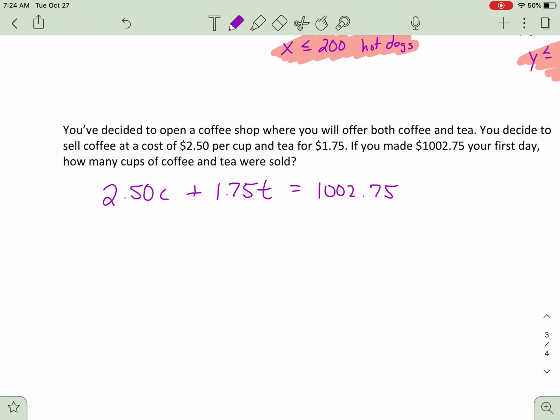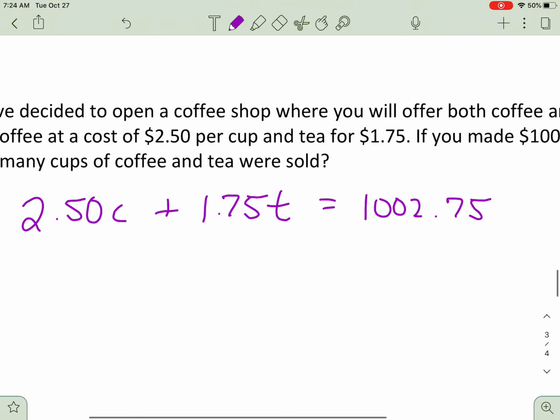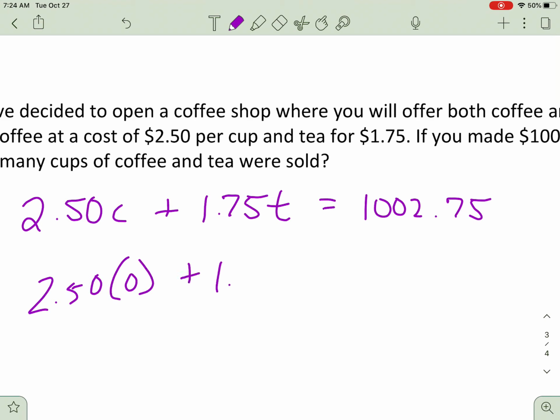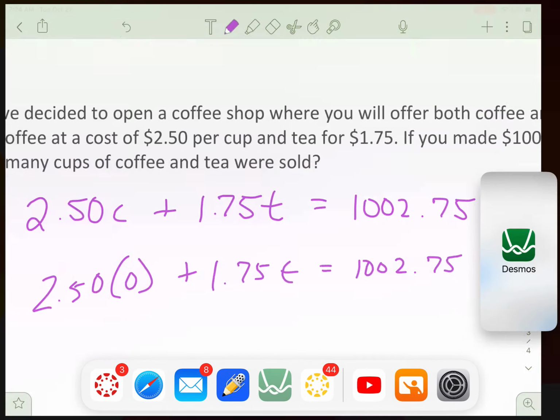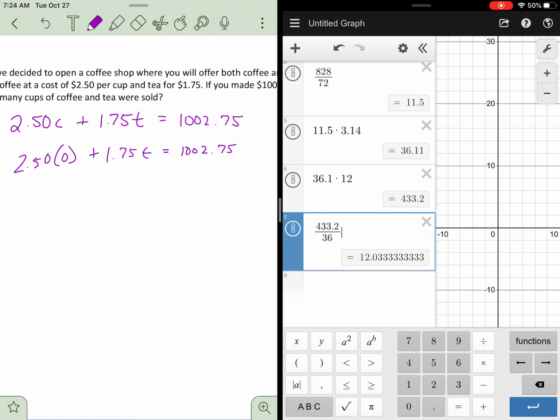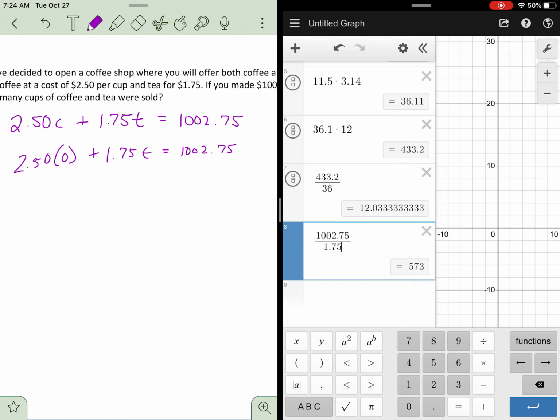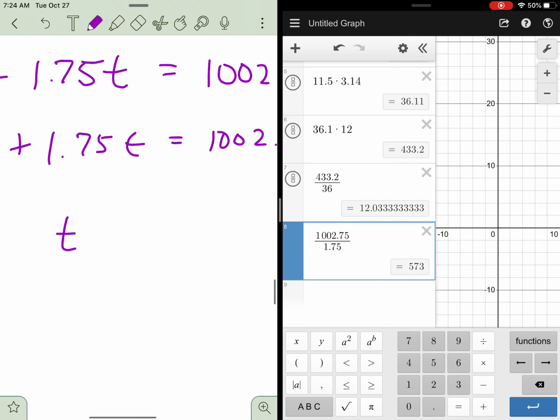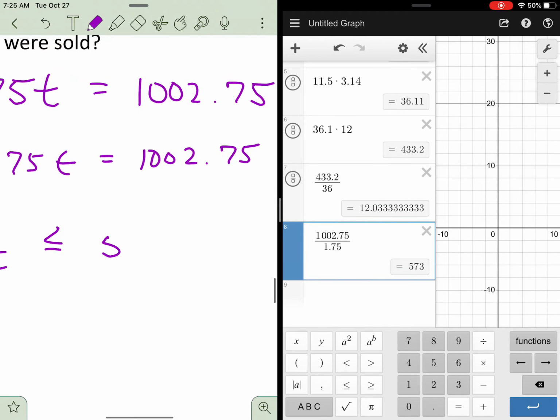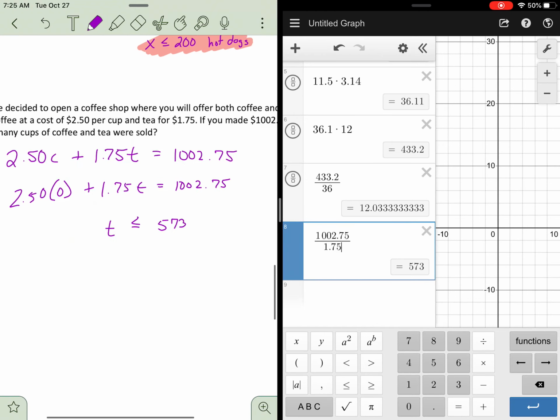Okay, so what we would do here is you could plug in 0, so 2.50 times 0 plus 1.75t. Okay, pull up some decimals here. So 1,002.75 divided by 1.75. Okay, so cups of tea would be 573 or less.